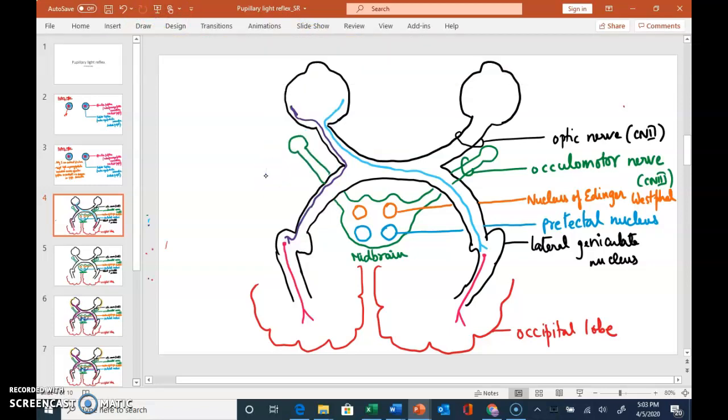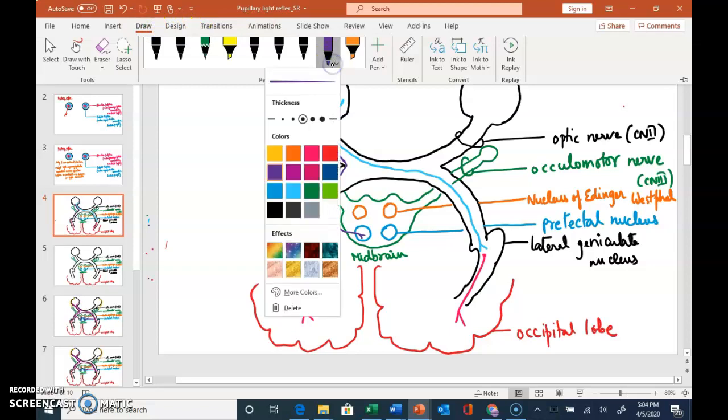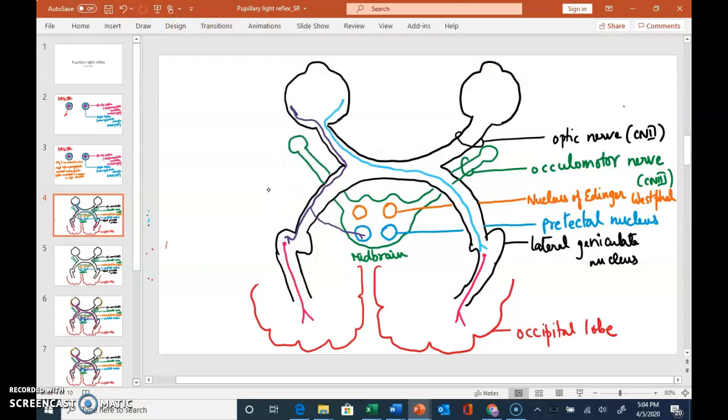Alright, now few things. Now the purple neuron on the left hand side not only synapses with the red neuron, but it also synapses on the pretectal nucleus. And we will see the same thing on this side.